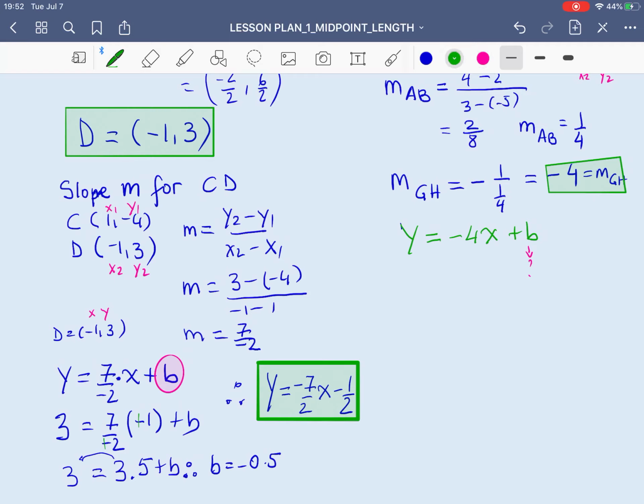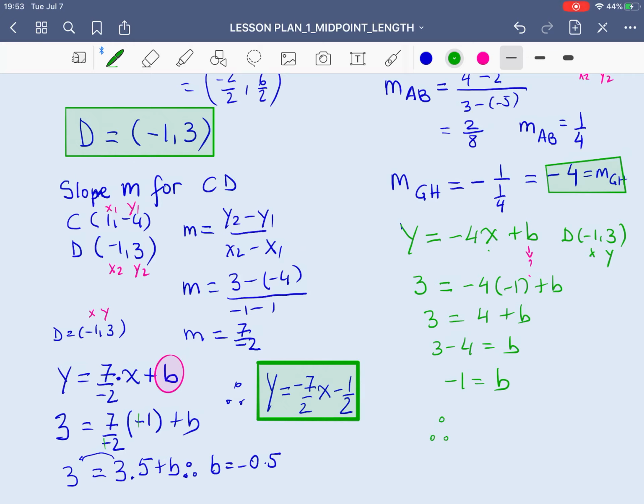So we're going to take that point D with coordinates -1 and 3 and substitute it in here for x and y. So we're going to write y equals 3 equals -4 for the slope, x is -1 plus b, 3 equals 4 plus b, 3 minus 4 equals b, and hooray, we've just found that b equals -1.